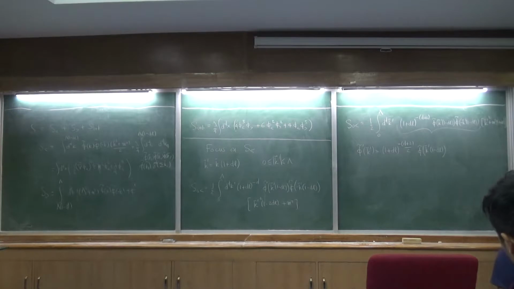I have a rescaled field. You are saying you want to make that constant. I want to make it look the same as when we started in our original theory.